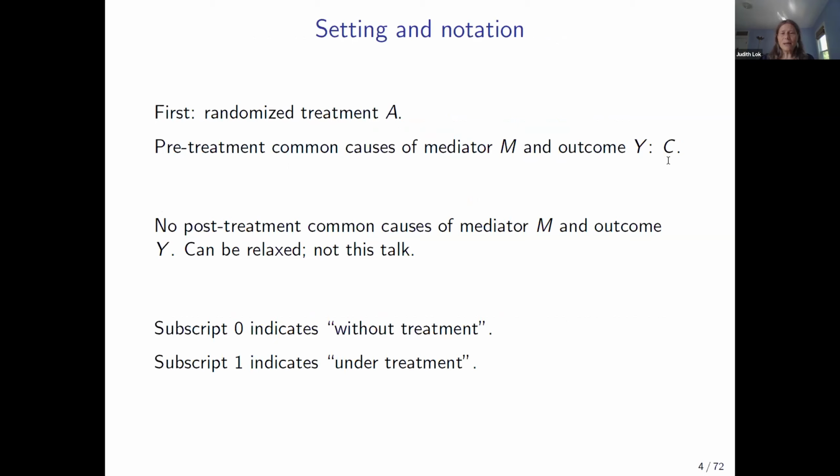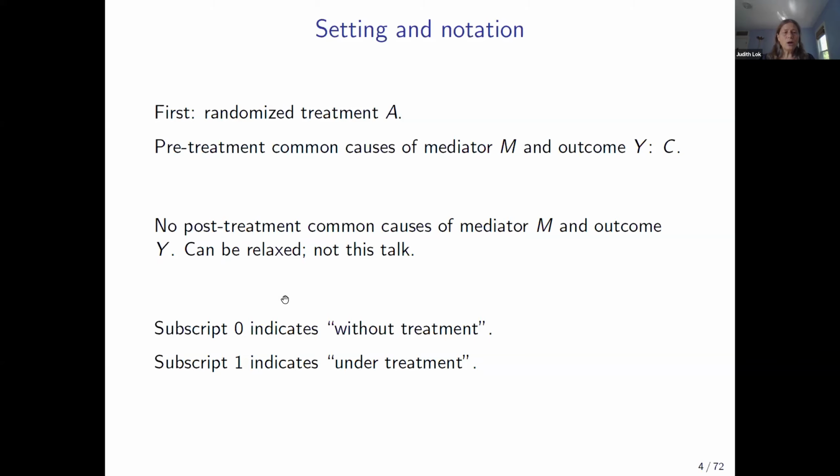When we want to estimate the part of an effect of a treatment that is mediated through a covariate M, it turns out that in order to have a causal interpretation, we do need the common causes of the mediator M and the outcome Y, even in a clinical trial. And this is an observation that has been made already in the causal inference literature for quite a while when identifying natural indirect and direct effects. My approach is no different there. I also need the common causes of the mediator M and the outcome Y.